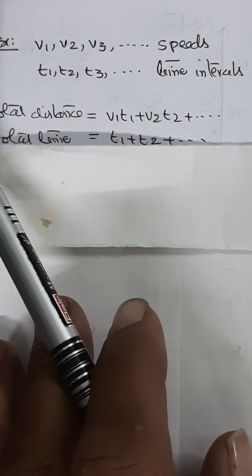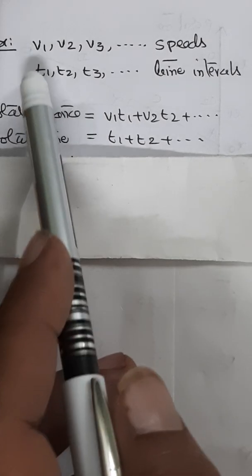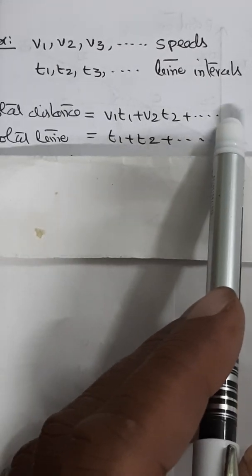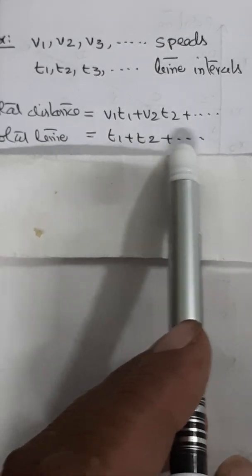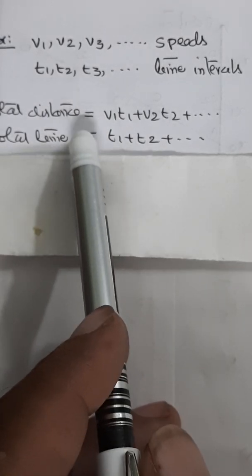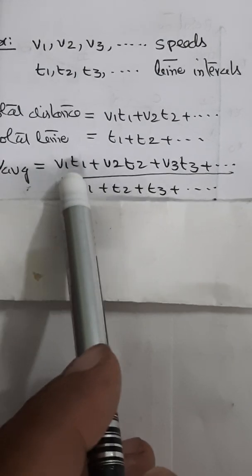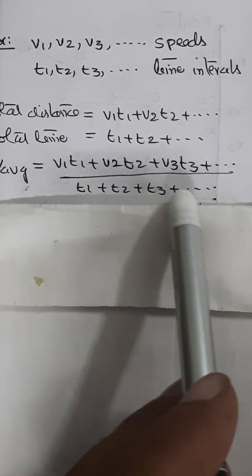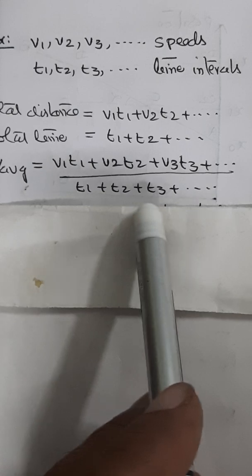Then the total distance travelled is velocity into time, that is v1 t1 plus v2 t2 plus v3 t3, etc. Similarly, total time taken will be t1 plus t2 plus t3, etc. From these two, using distance by time, we can calculate the average speed as v1 t1 plus v2 t2 plus v3 t3, etc. by t1 plus t2 plus t3, etc. So this is how we can calculate the average speed.